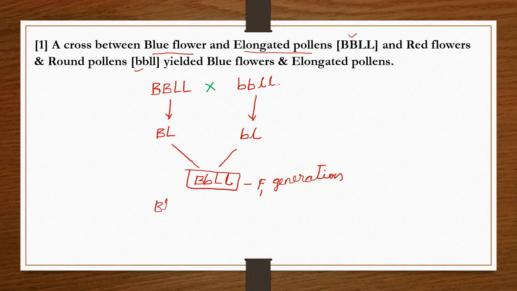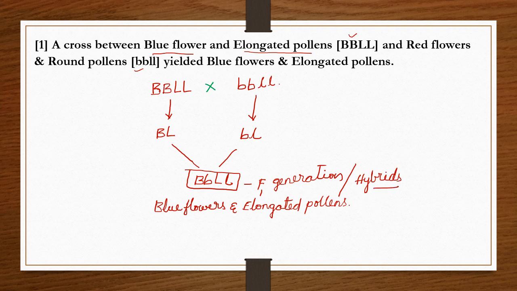So these are all blue flowers with elongated pollen grains. These F1 generation plants are also called hybrids. All these hybrids are blue flowers and elongated pollens.